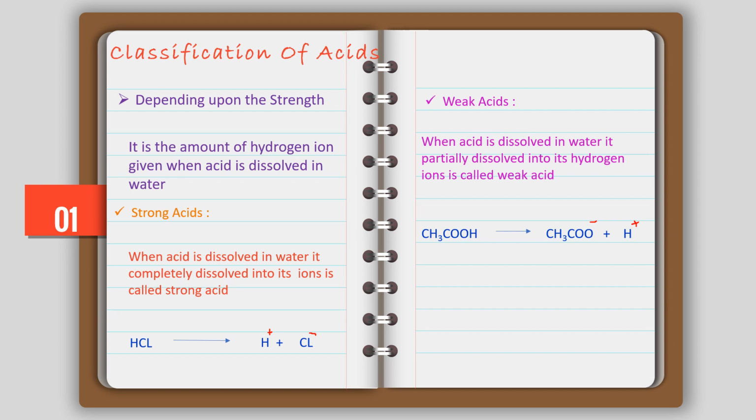Weak acids are those which, when dissolved in water, dissociate only partially into positive and negative ions, not fully. So they are called weak acids.